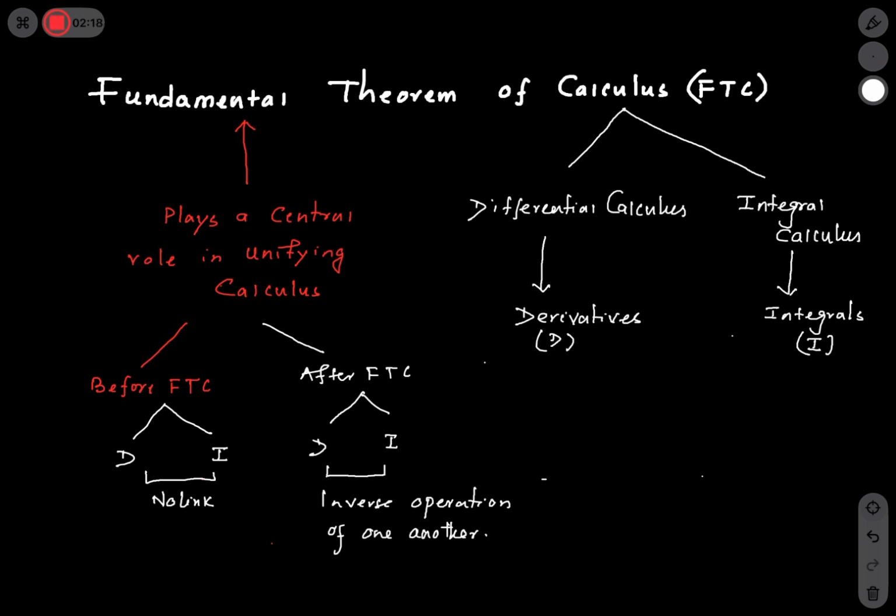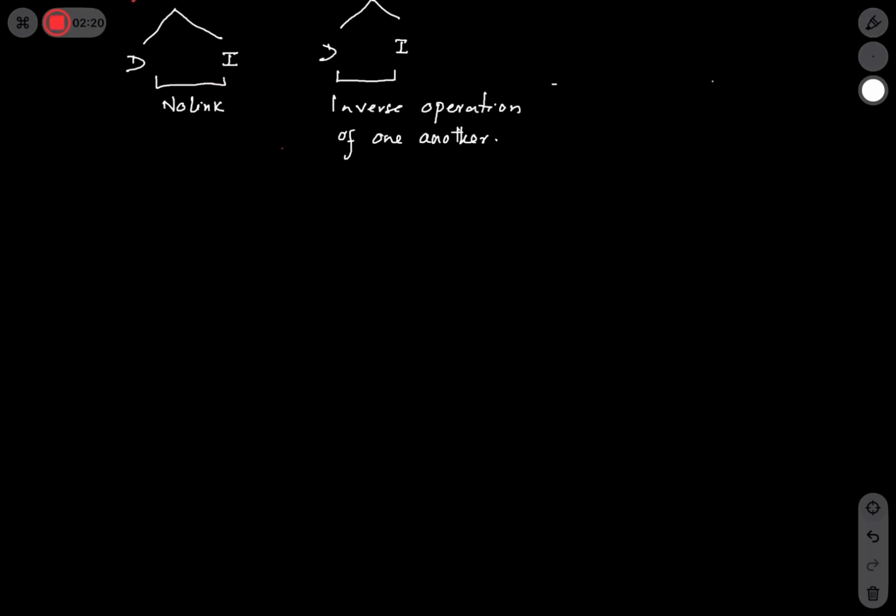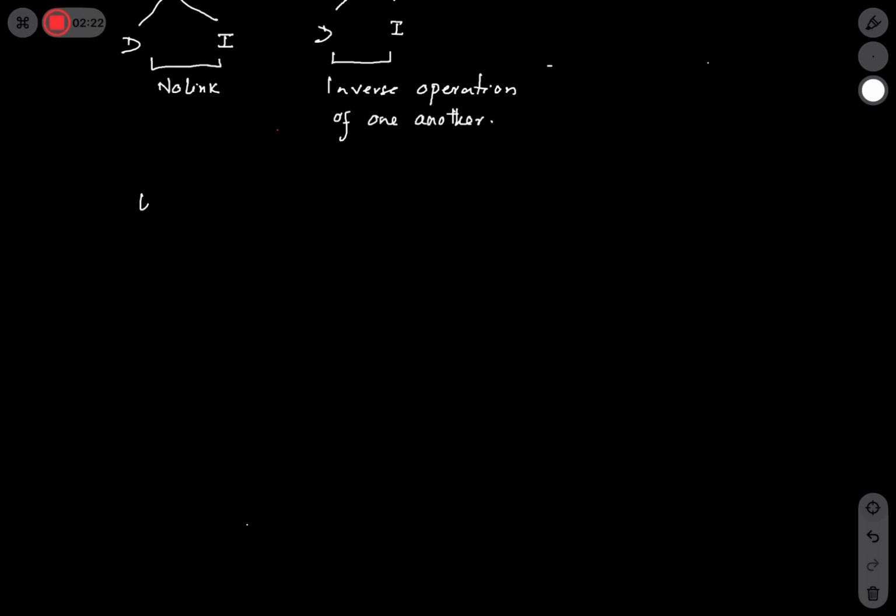The next question is why this theorem is essential. See, part 1 of this theorem establishes a link between D and I. The link is that they are inverse operations of each other.